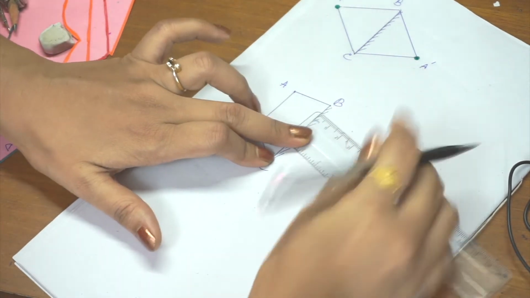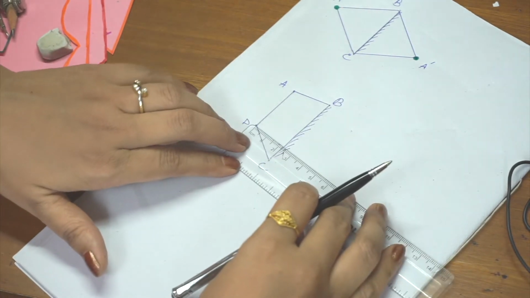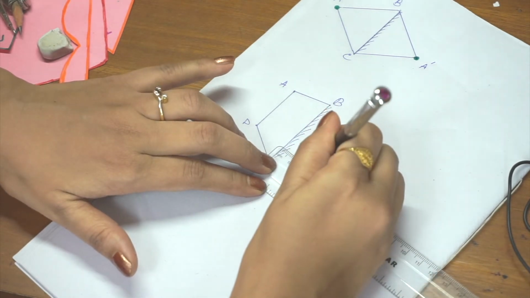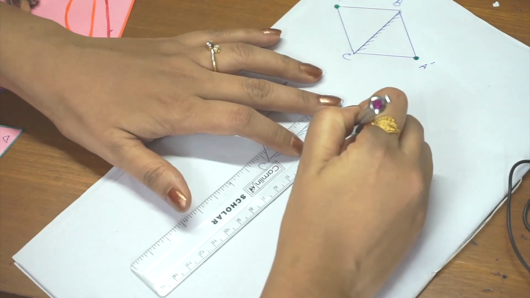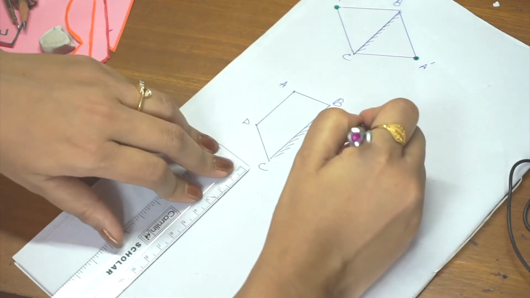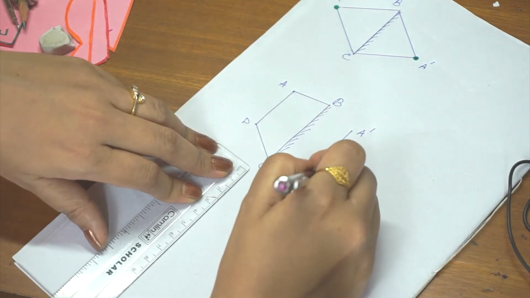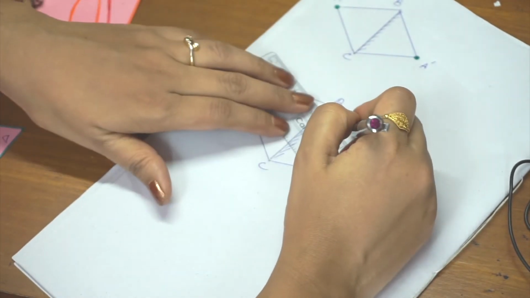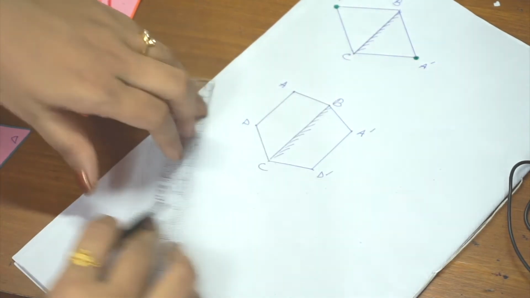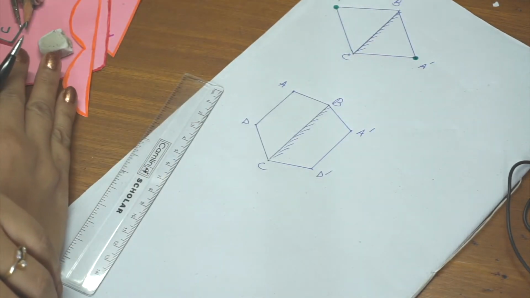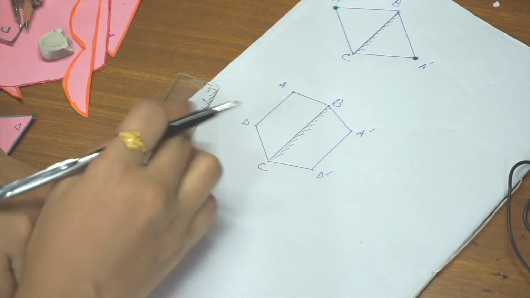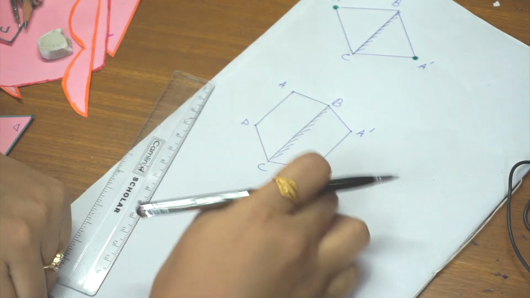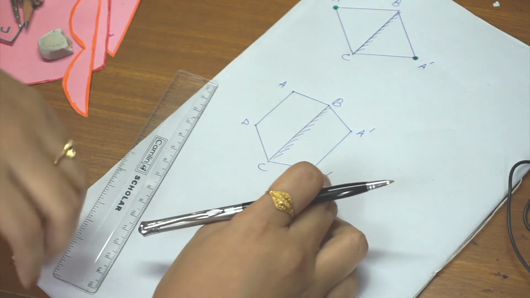We are measuring the perpendicular distance of the point. Same here also. Now, when I join them, I obtain their images as A dash and D dash. Join them in this way. Have you seen? We obtained the reflection of the figure ADCB as A dash BC D dash. Okay? I suppose I am clear.